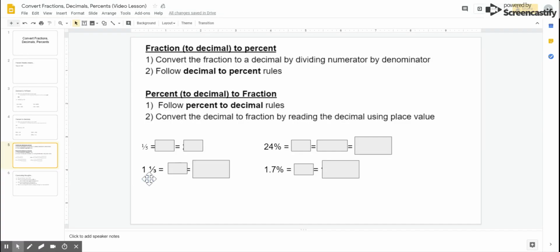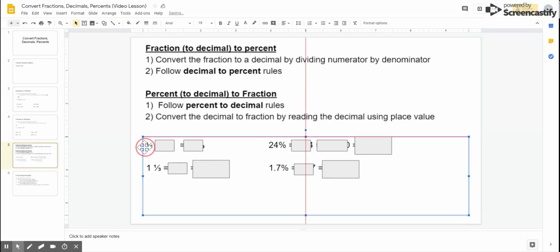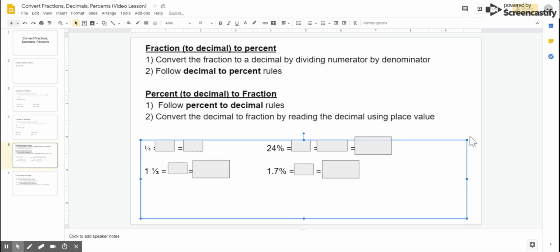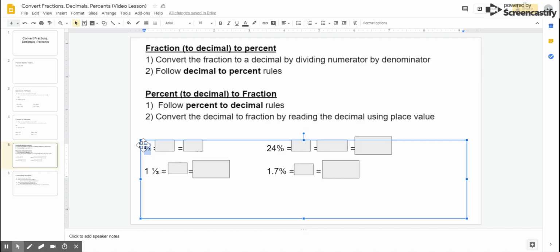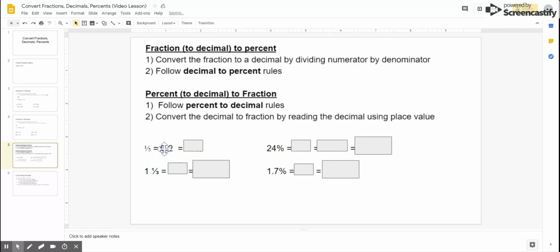So here's our first example, 1/5. Changing that to a decimal, you would do 1 divided by 5. Again, in your calculator, you would hit the 1 button, the division button, and the number 5, to get 0.2.